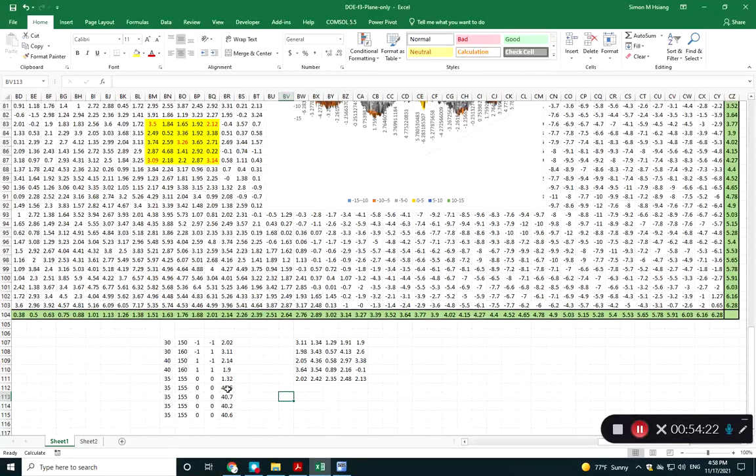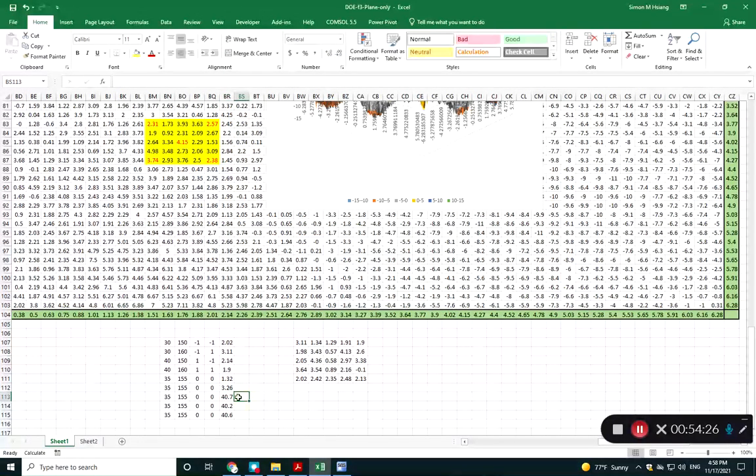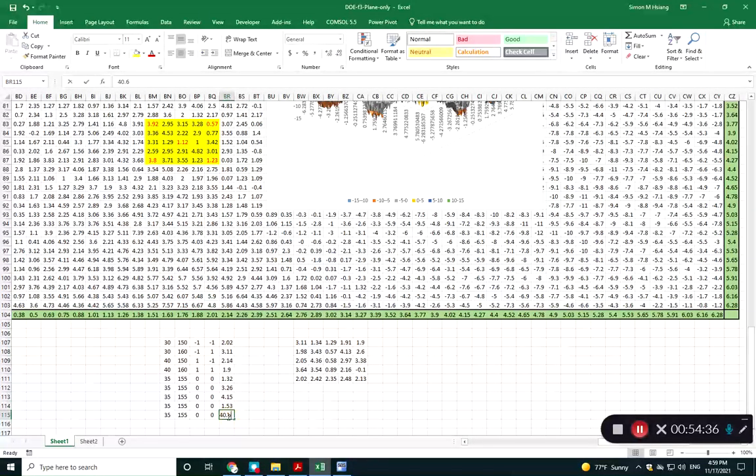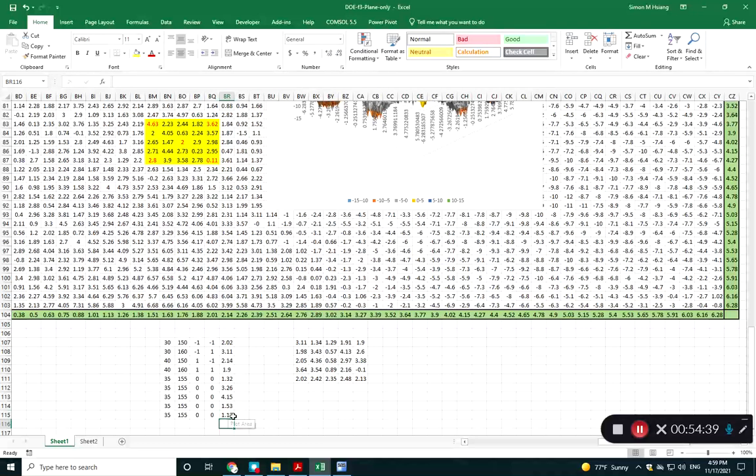Okay, 3.26. Okay, and then 4.15. 1.53. 1.12. So I run a 2x2 experiment using this response surface. Get it?